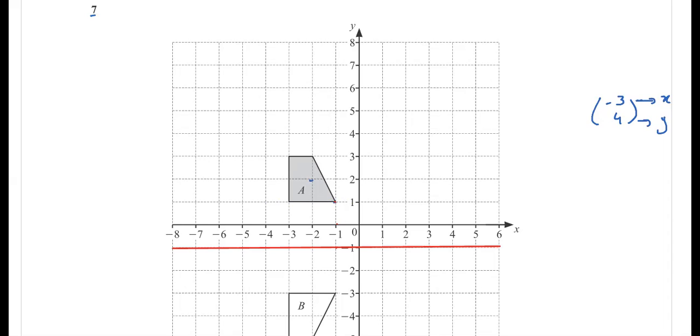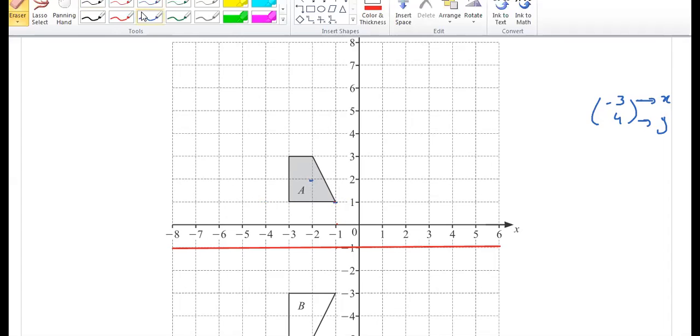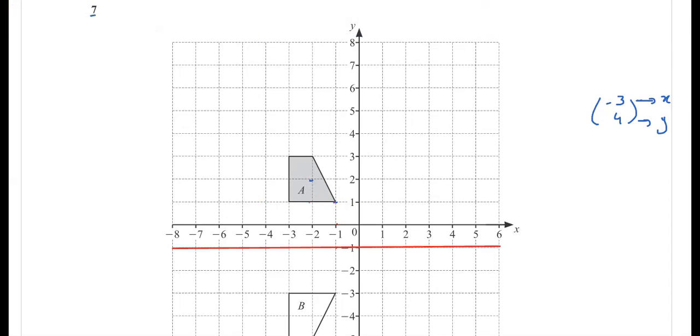So for example, this vertex will shift here. In the same way, we also have to move 4 steps upwards. For moving 4 steps upward, 1, 2, 3, 4. So this vertex will shift here.